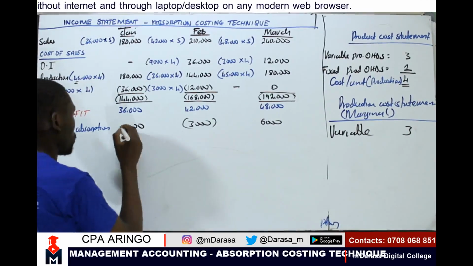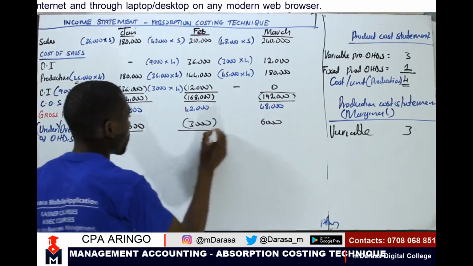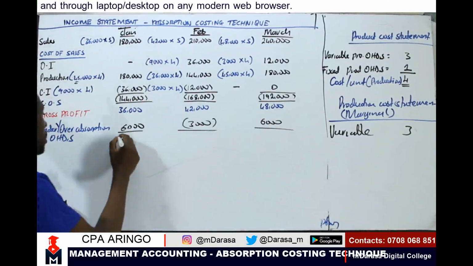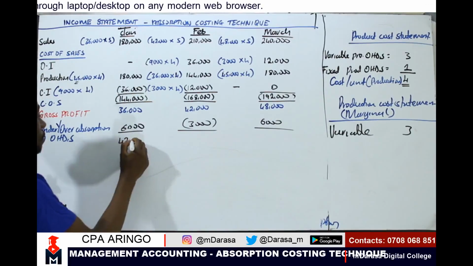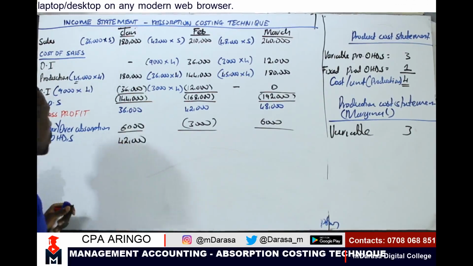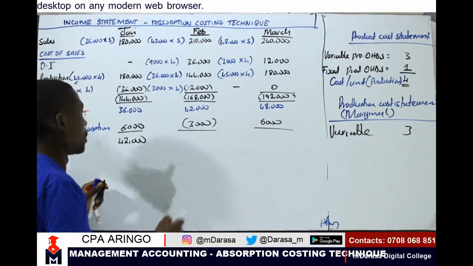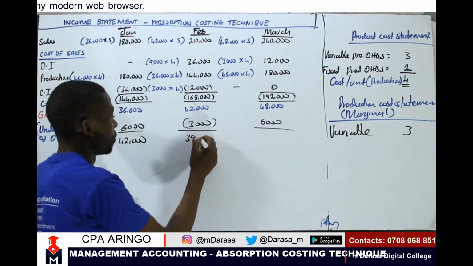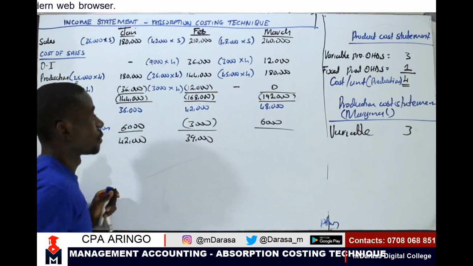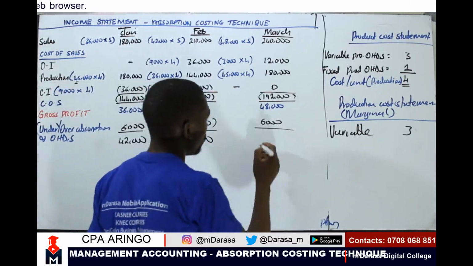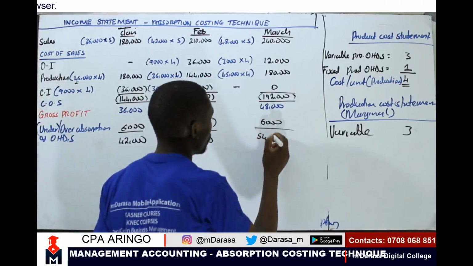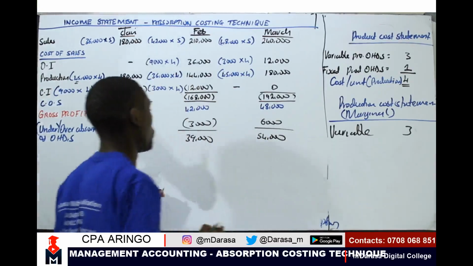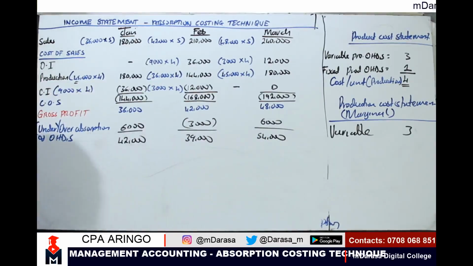So this is 6,000. Here I should be having how much? 42,000. We add over. In this other case, I should be having how much? 39,000. We've deducted under. And in this other case, that should give us 54,000.